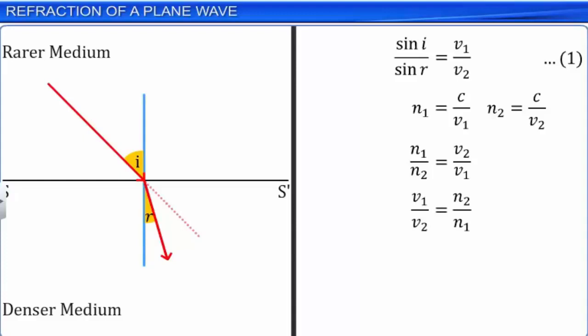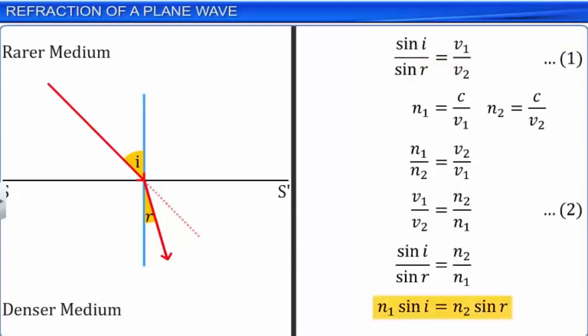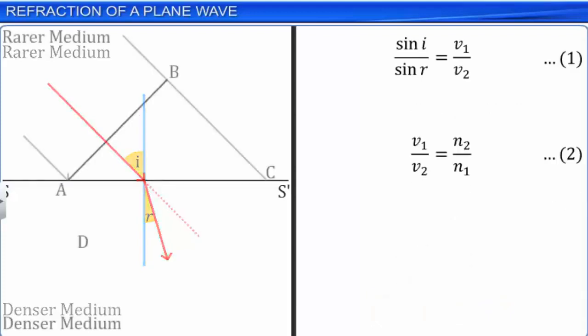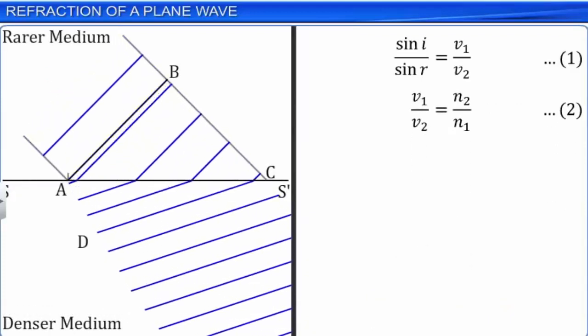Let this be equation 2. From equations 1 and 2, we can write sin I by sin R equal to N2 by N1. This can also be written as N1 sin I equal to N2 sin R. This is Snell's law of refraction. Let us now consider the refraction of successive wave fronts at the interface SS'.